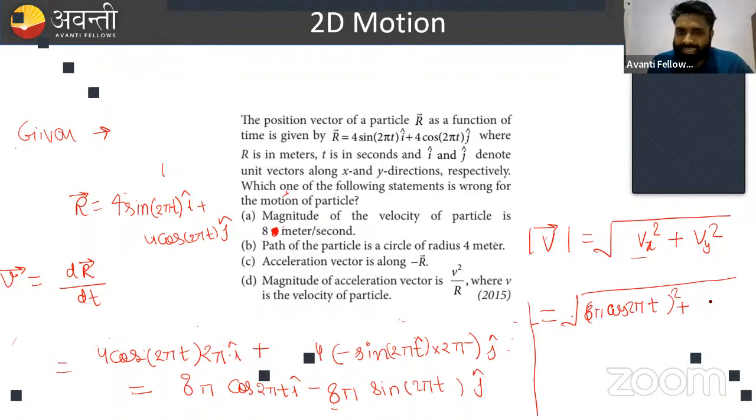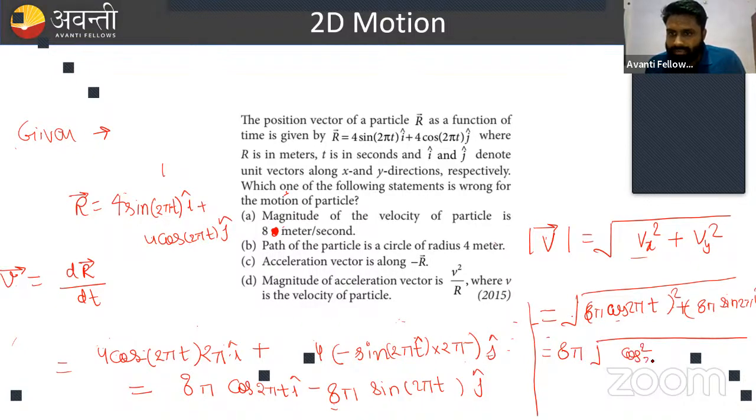It is minus 8 pi sine 2 pi t, but we are taking its square, so this minus would not make any difference. Okay, so we directly write it as 8 pi sine 2 pi t ka whole square. Now 8 pi whole square is common in both terms. So we can directly take it out of the square root. So it will become 8 pi. And now we are left with cos square 2 pi t plus sine square 2 pi t.